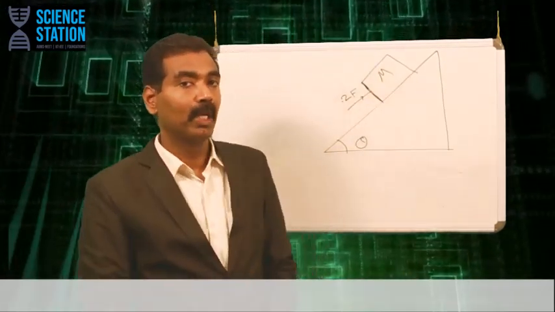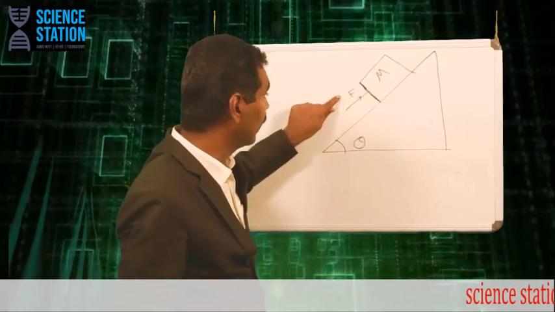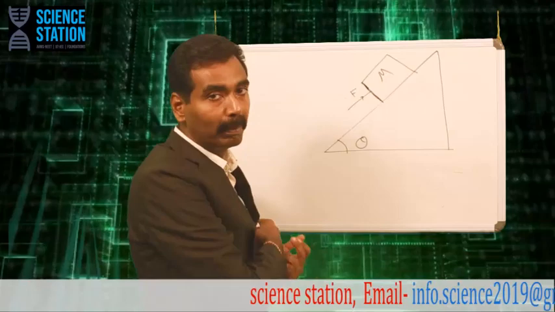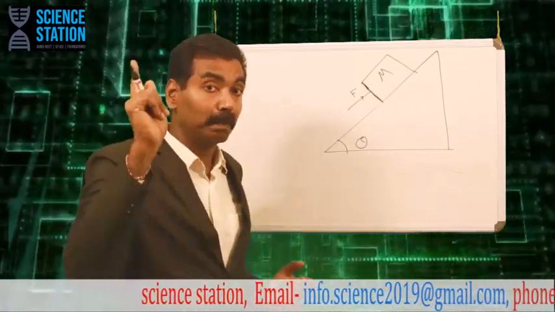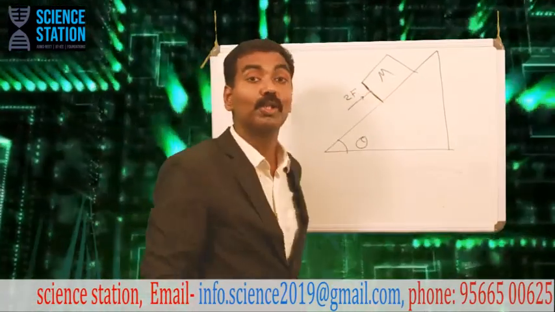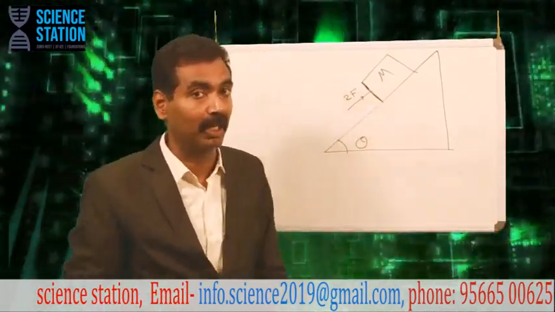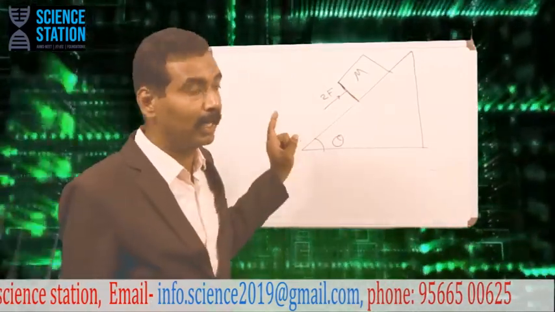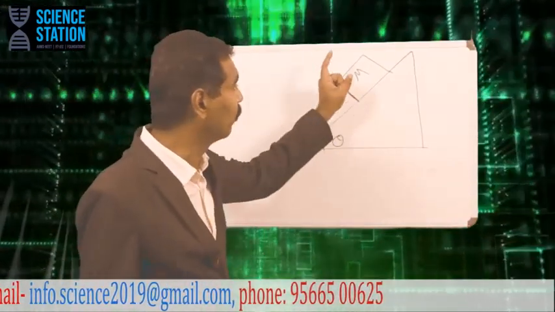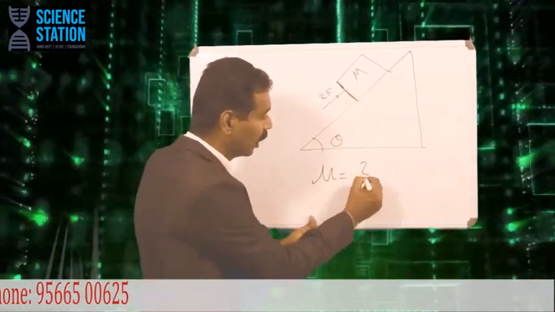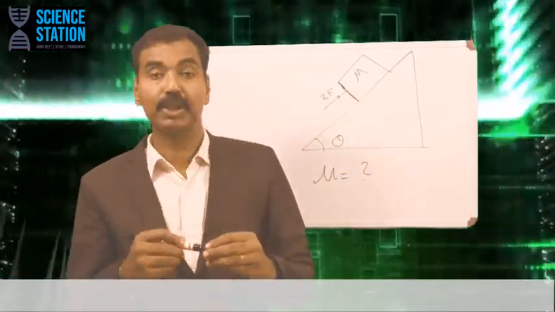I repeat. By applying a force F, you can stop the body from sliding down the plane. But to push the body up the plane, you have to apply the force 2F. This is a previous year question, and here we have to find the value of the coefficient of friction between the body and the plane, denoted by mu.